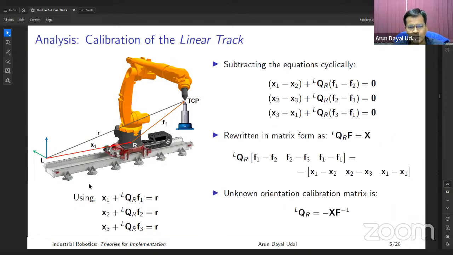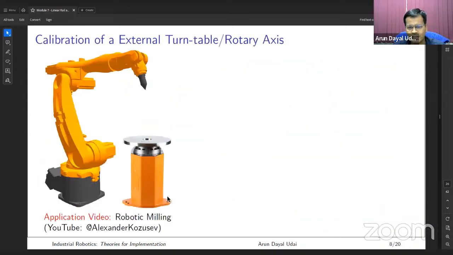Going on, these are all mathematics that you are going to learn here. A similar case is an external turntable. In the application portion, you must have seen a video where a robot is doing CNC milling on a rotary turntable. You can mount an object on top of it and do machining on it. This is a very good application, which is only possible when these frames are all calibrated with respect to each other.